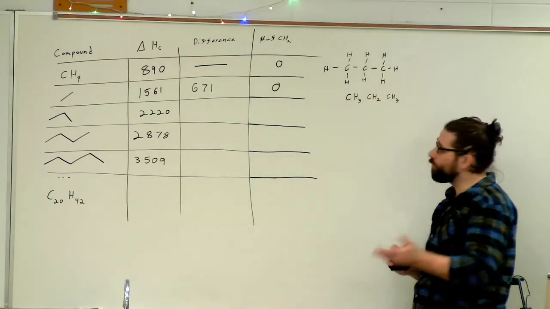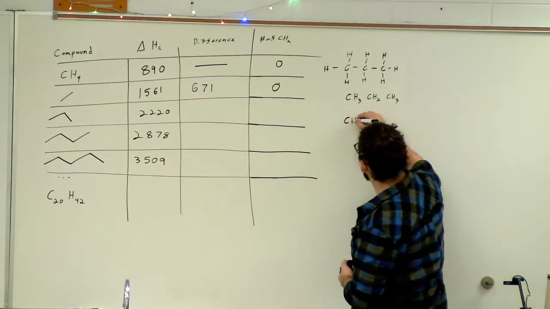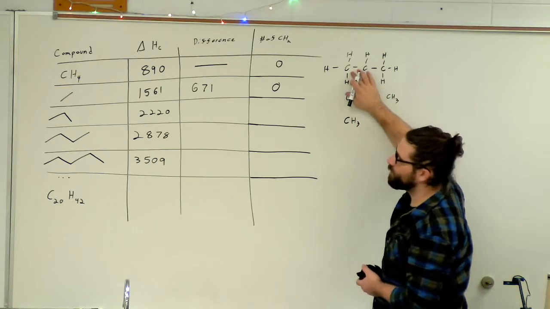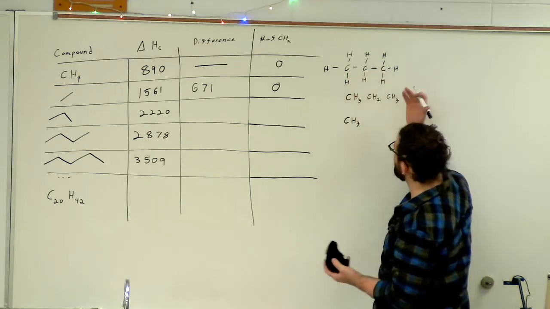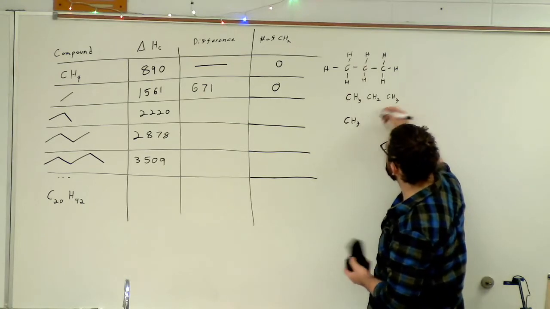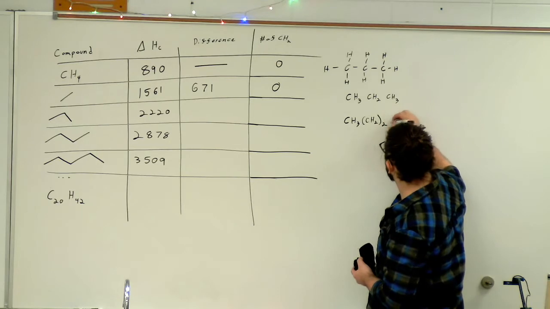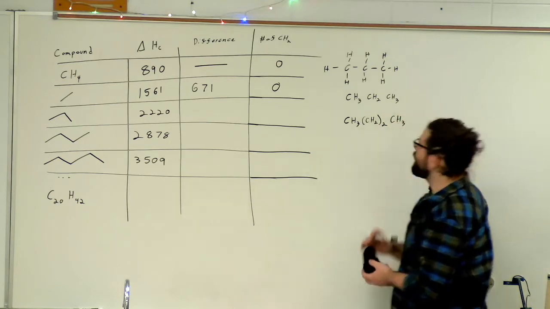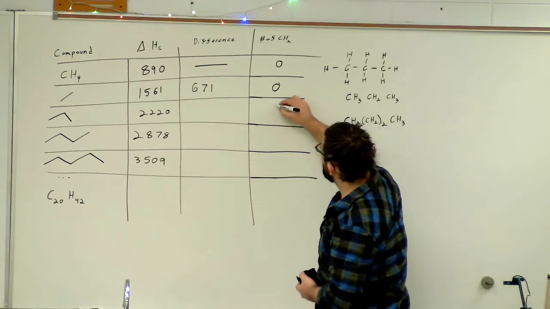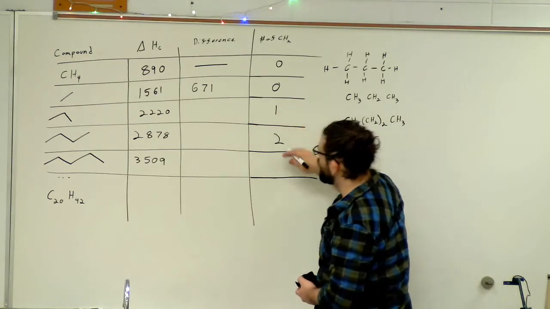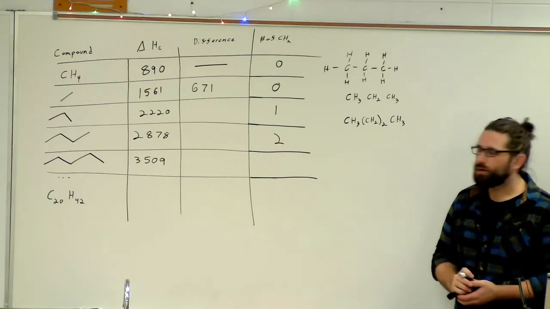If I wanted to add another one, going from propane to butane, I could write that as CH3. That's going to be my end carbon here. You see that? I've got a carbon attached to 3 hydrogens and then attached to the next thing, which is a CH2. And in butane, I'm going to have 2 of those. Then attached to a CH3. Looking just like that. So in propane, I've got 1, butane, I've got 2, and as I go up, I'm going to increase that number.